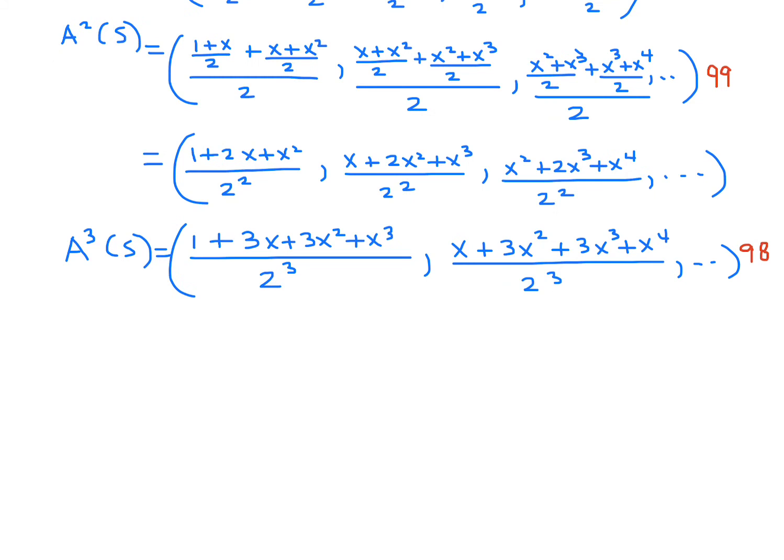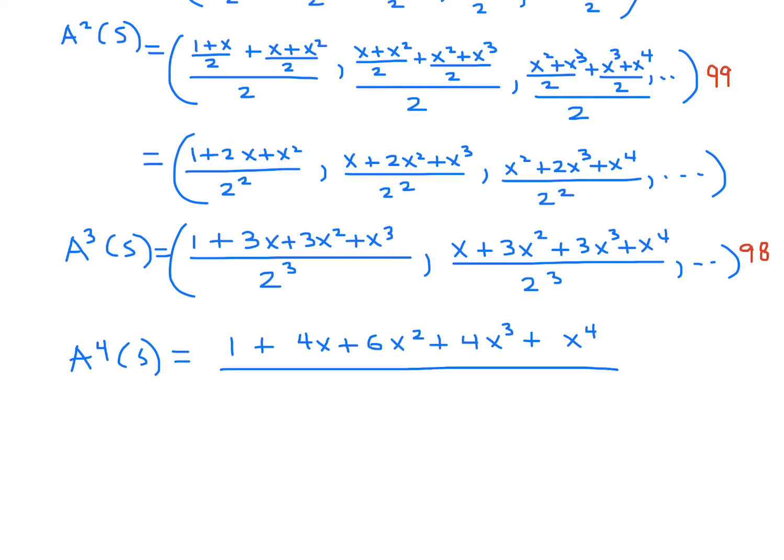And I'll just do one more, and then we'll go back and look at this and see if there's any kind of a pattern. A4s. All right, A4s, obviously we're going to add these two, so it'll be 1 plus, let's see here, 4x plus 6x squared plus 4x to the power of 3 plus x to the power of 4 all over 2, all over 2 to the power of 3, which will be 2 to the power of 4.